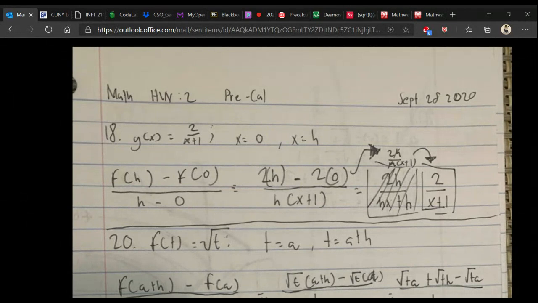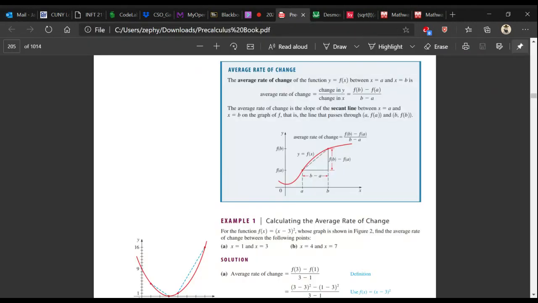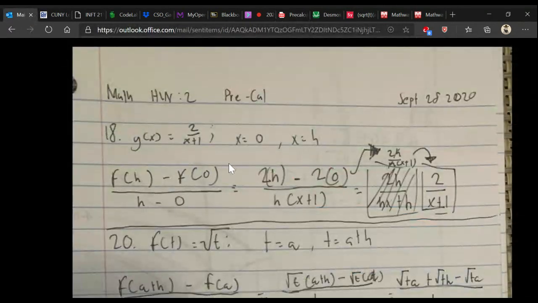So I'll do number 18 for homework 2. For homework 2, we're going to follow a formula. Can you see it, Professor? Yes. Okay, so we'll be using the average rate of change formula to do number 18. For letter A, it's going to be 0, and for letter B, it's going to be H. So we implement these two into the formula.